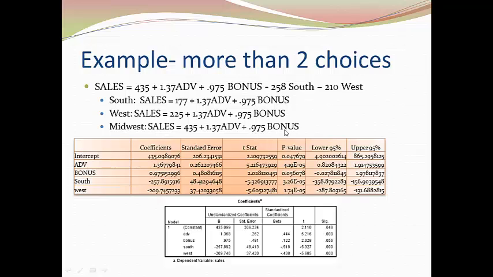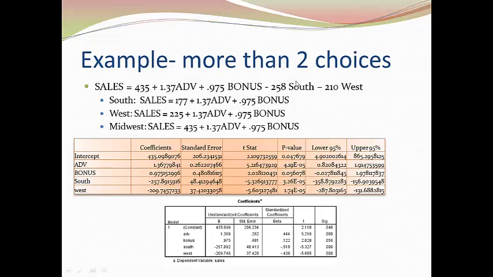0.975 bonus. If, however, you are in the South, then your dummy variable South takes a value of 1. Well, if your dummy variable South takes a value of 1 and your variable West takes a value of 0, then negative 258 times 1, well, then you're just ending up with a number, right?